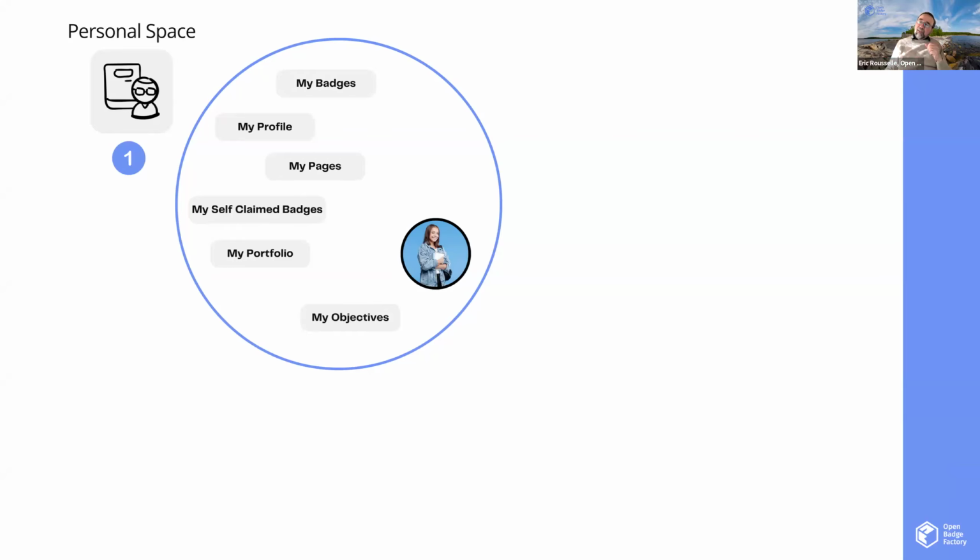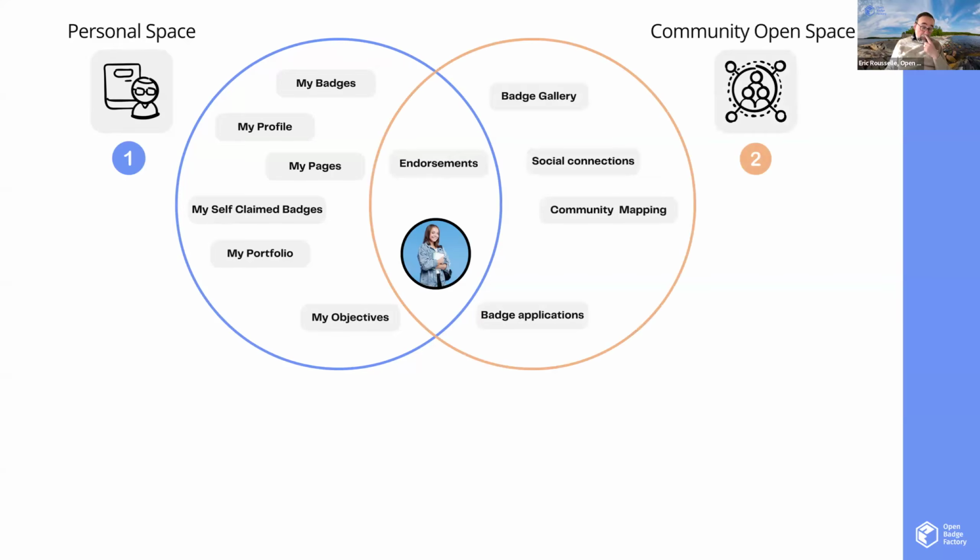we understood that badges are much more than credentials. Badges are also connectors. Badges can be recognized, can be endorsed by peers. You can also publish your badges, and you can be recognized by the community and so on. So in Open Badge Passport, we developed quite quickly a second level, which is a community level dimension in the passport.